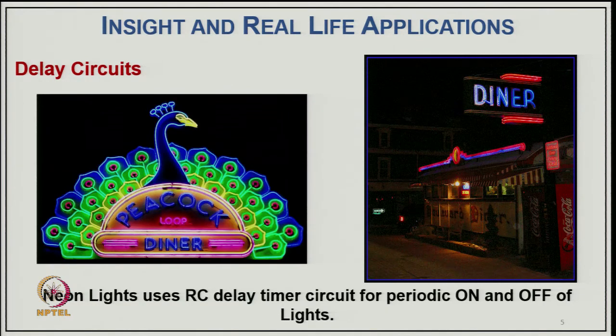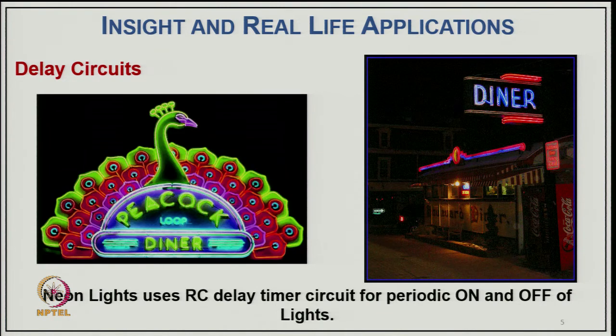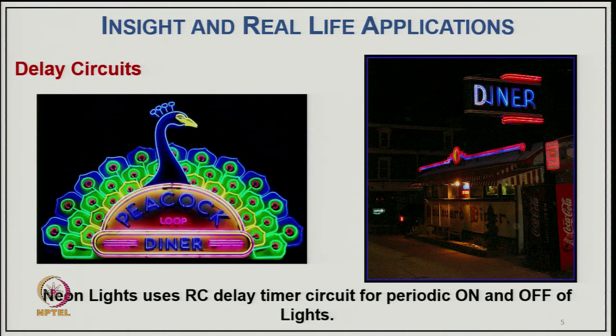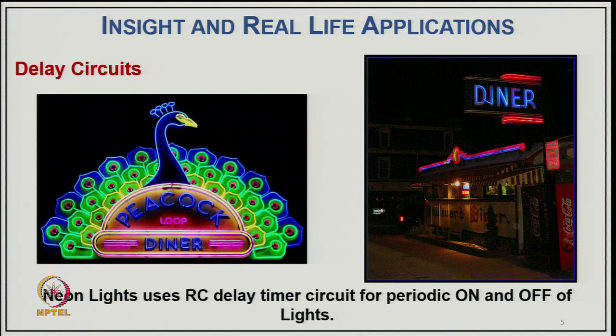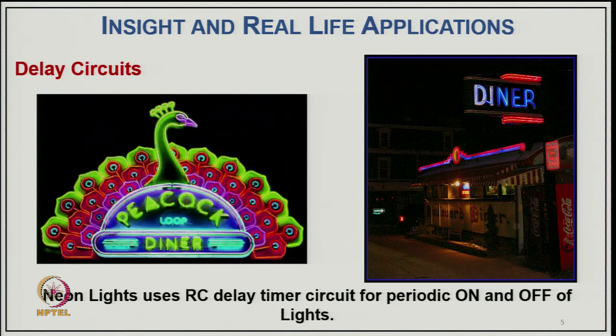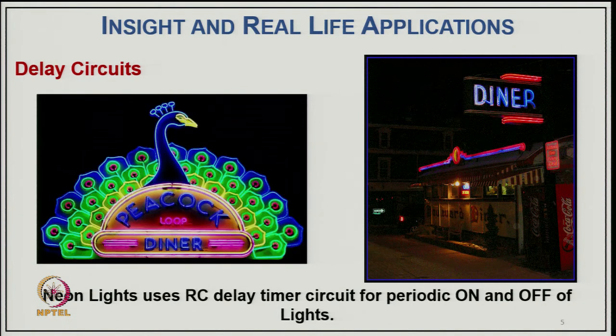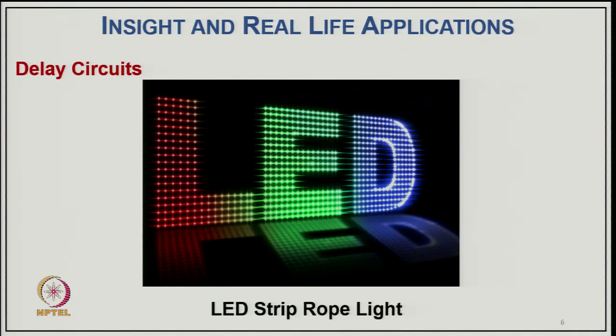We use the delay circuit in neon lights, with an RC delay timer circuit for periodic on and off of the light. These lights are quite popular in the market, for commercial buildings, malls or other places, for the purpose of decoration with different shapes and lighting arrangements.